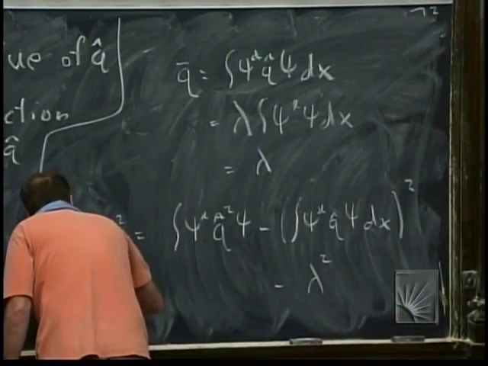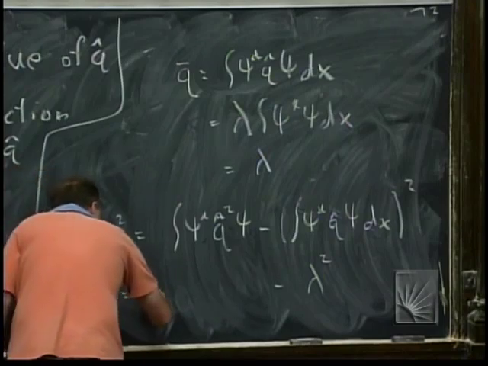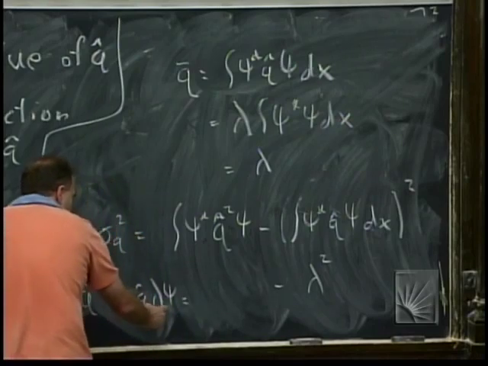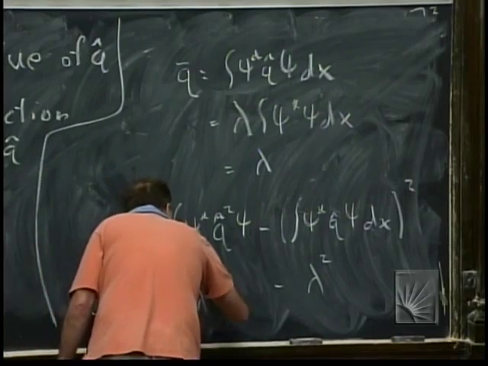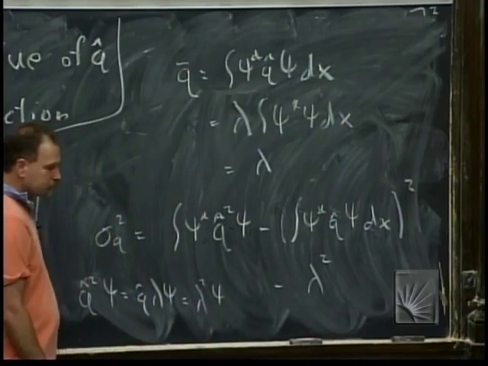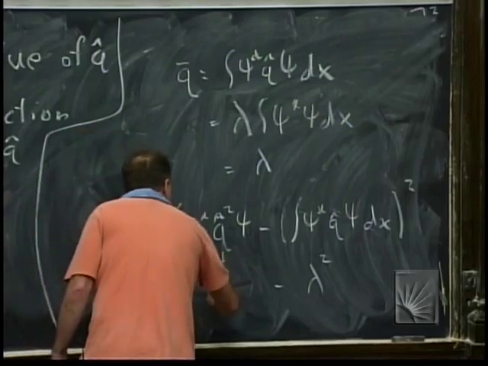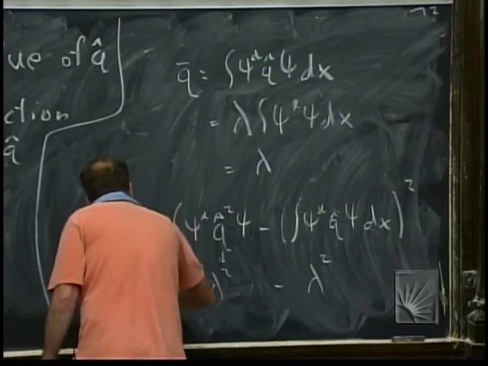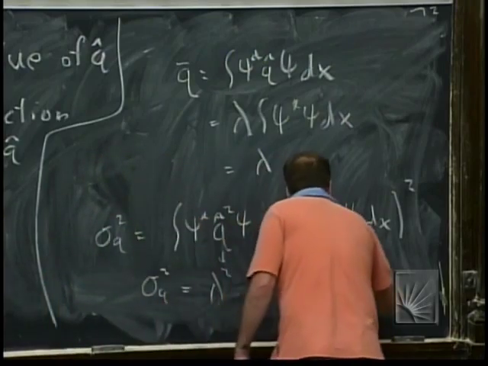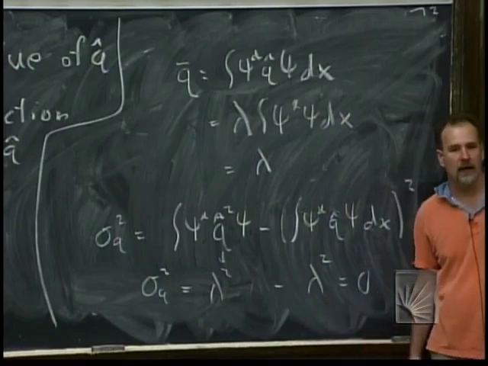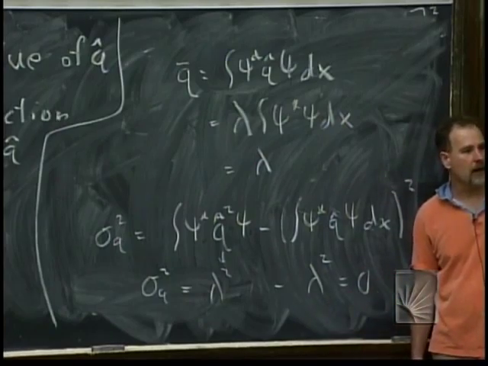Let me just write this here. Q hat squared on psi is q hat on lambda psi. The q hat passes right past the lambda, so it's lambda squared on psi, right? I probably didn't even have to write it out. So this is also just lambda squared. And so in this total, these two cancel and it's 0. So if a wave function is an eigenstate of an operator, there's no variation in it. There's no dispersion, is the language, in that operator.